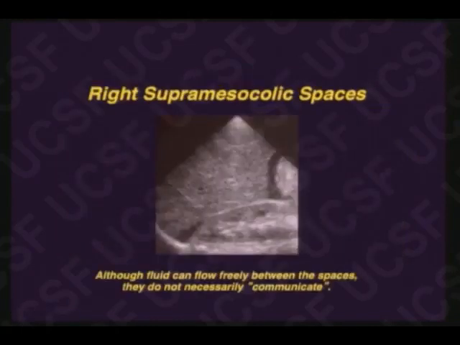right kidney. Now, although fluid can freely flow between these spaces, they don't necessarily communicate in the way we ordinarily think of things communicating via gravity. If gravity was the reason that fluid accumulated, then this fluid in the anterior subhepatic space would have flowed down to join this fluid in the posterior subhepatic space, but it didn't, frequently doesn't, and that is because it isn't gravity which is determining fluid locating in these locations.